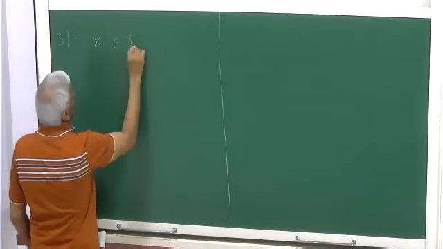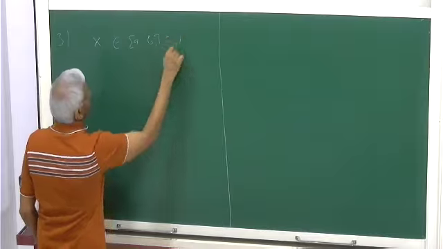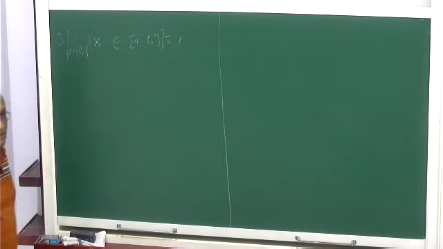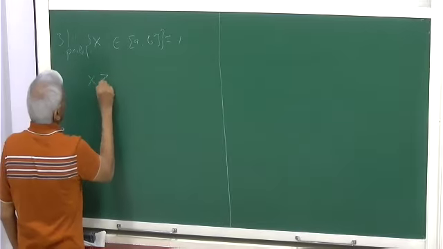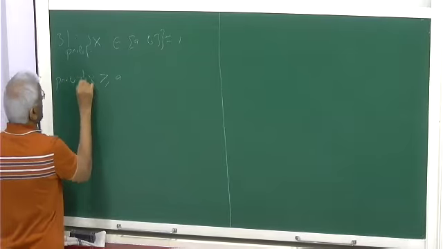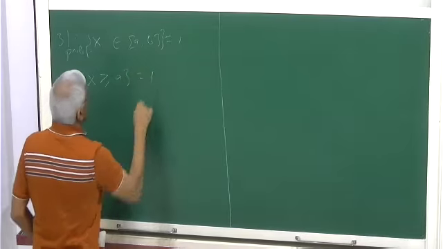X is in [a, b]. The probability of this is equal to 1. Then we want to prove the expectation is also in [a, b]. So suppose X is greater than or equal to a with probability equal to 1.